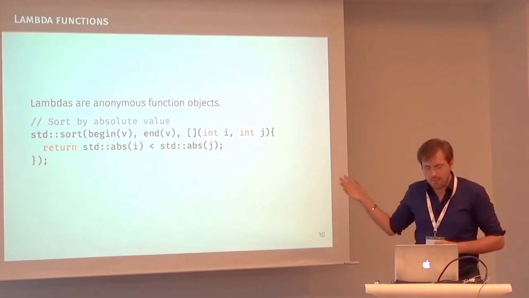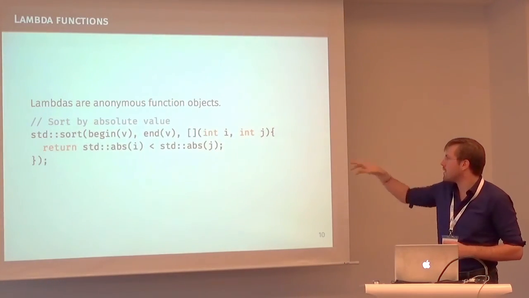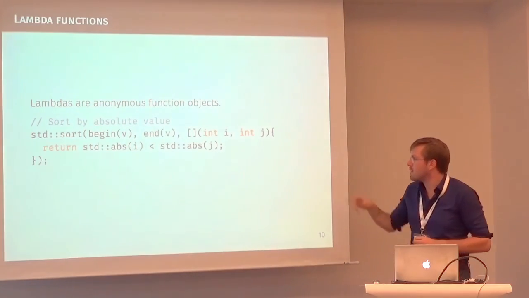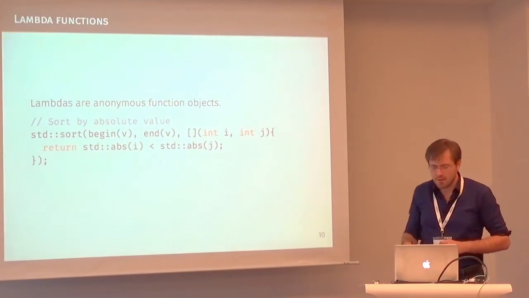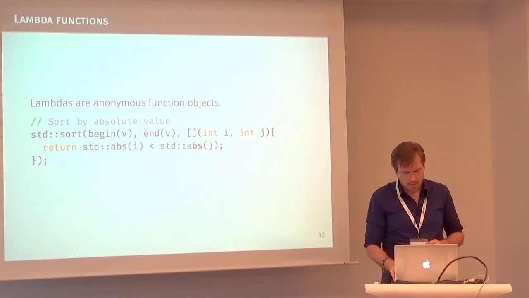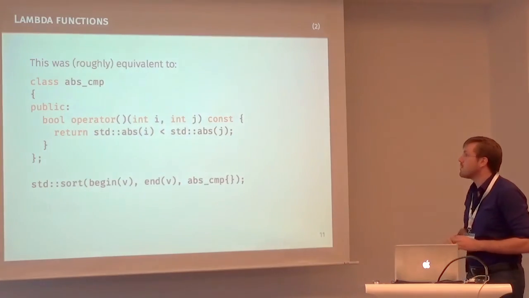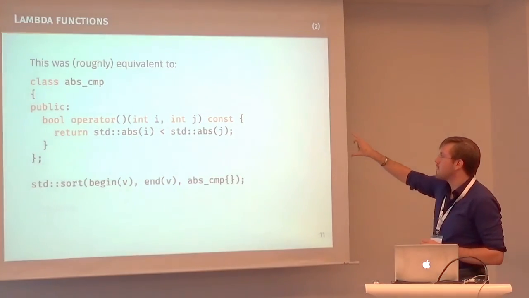So in this case, we are using the lambda to sort by absolute values of the elements of the container. This is roughly equivalent to this piece of code.